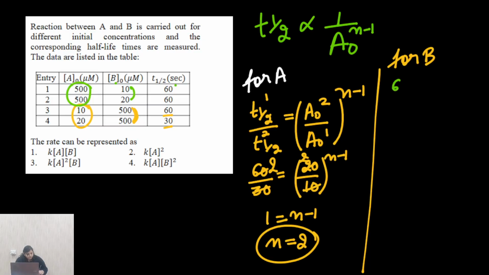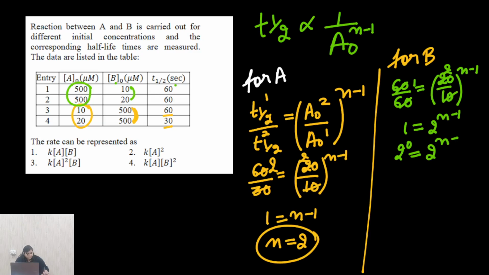So the T half value is now 60 and this is equal to 220 upon 10 raised to the power of n minus 1. So this comes out to be 2 and this is 1. So 1 is equal to 2 raised to the power of n minus 1. This we can write as 2 raised to the power of 0.